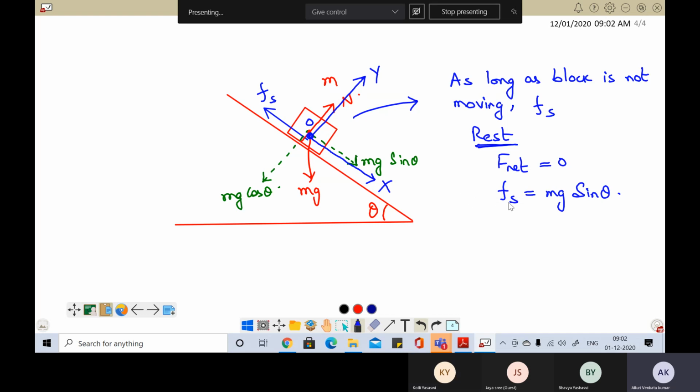Now what is the Fs magnitude? It will be the coefficient of static friction into the normal reaction, mu s N. It is always equal to mu s times N. Suppose I say friction is mu s times N, is it always correct?